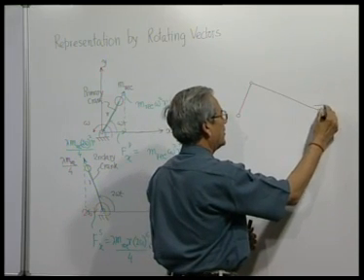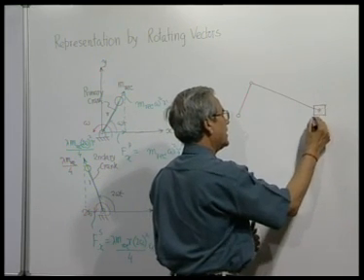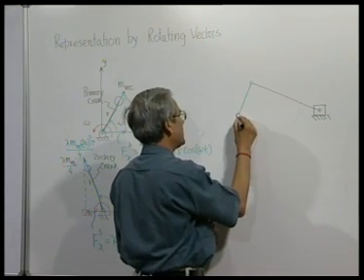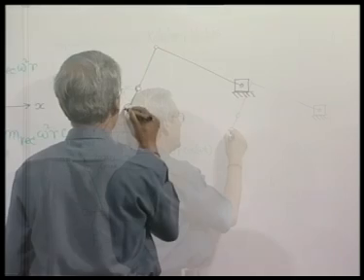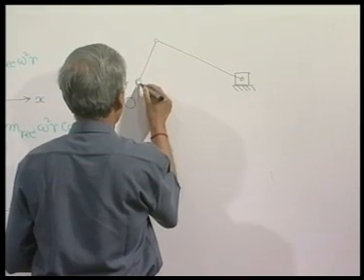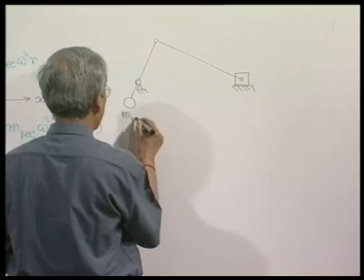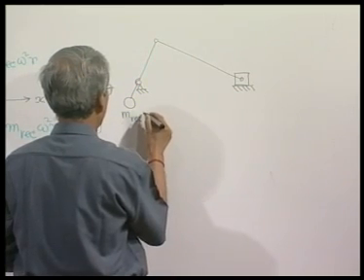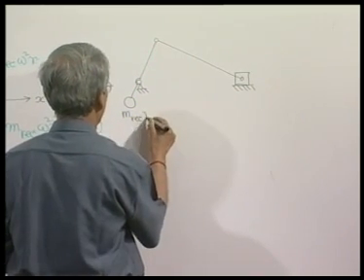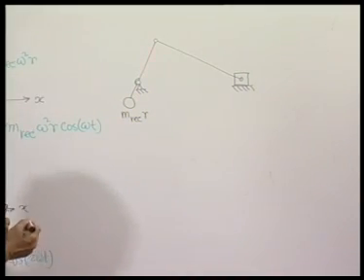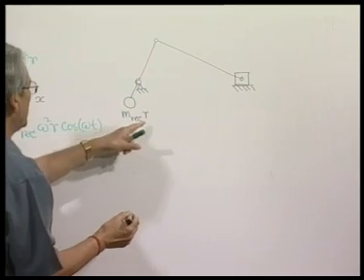This is our single slider machine. The rotary part has been already balanced by a counterweight, and I am now putting another counterweight, which is m reciprocating r. That means, the unbalance kept here, the product, will be equal to this.